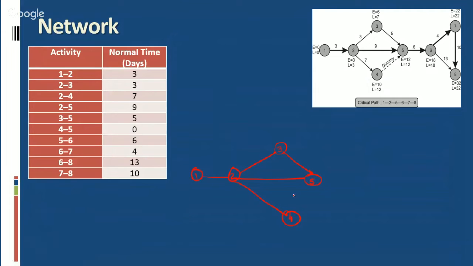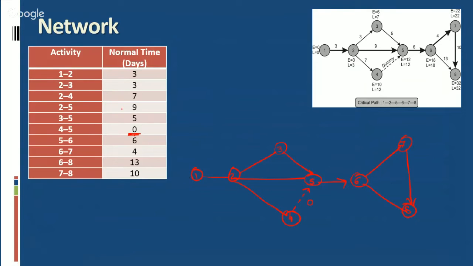Then 4 to 5, but this is dummy activity because it is consuming 0 days. Then 5 to 6. Then 6 to 7. Then 6 to 8. After this 7 to 8.